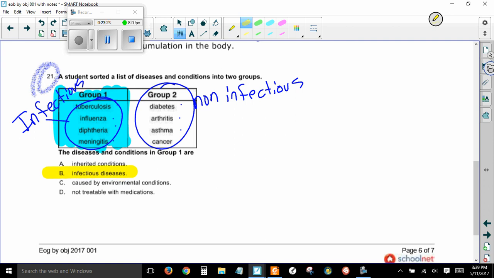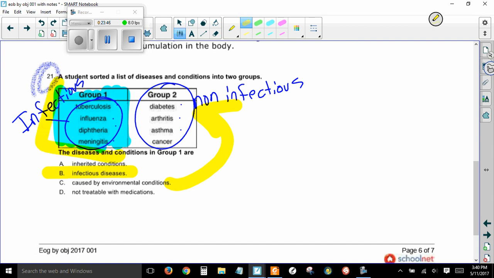Caused by environmental conditions. Not really. The environmental conditions, that's going to be your non-infectious. Not treatable with medications. There's treatment. There may not be a cure, but there's usually treatment for most diseases. So the best answer is B.